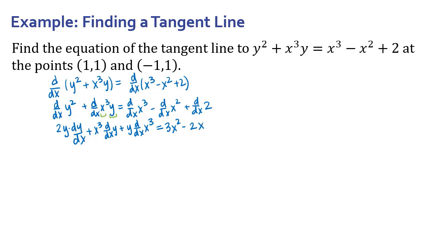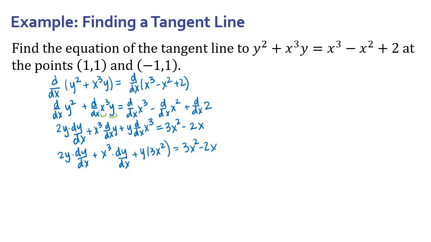Okay, so let's keep going. I've got 2y dy/dx plus x cubed times the derivative of y with respect to x, which is just dy/dx, and then plus y times 3x squared. Now what I'm going to do is get every term that does not have a dy/dx on one side and all the dy/dx terms on the other.